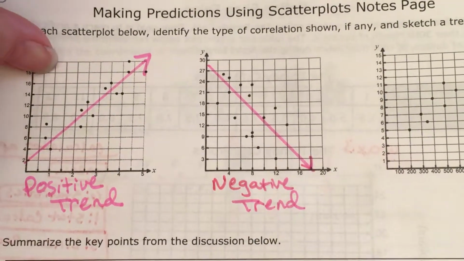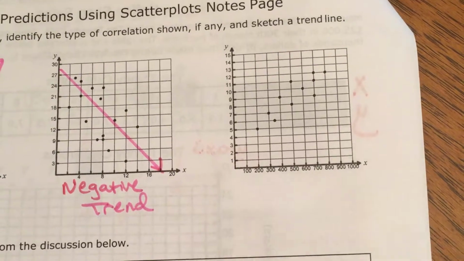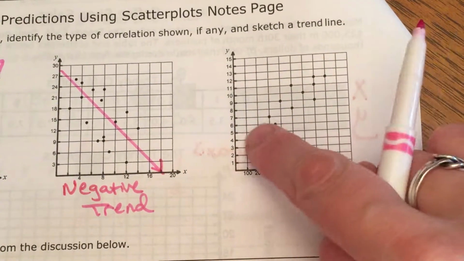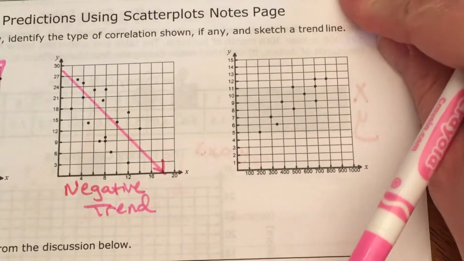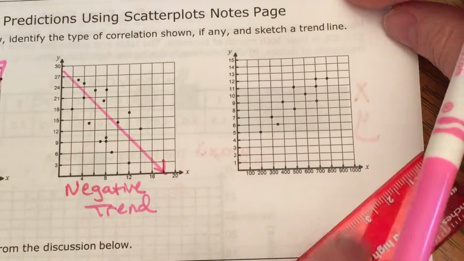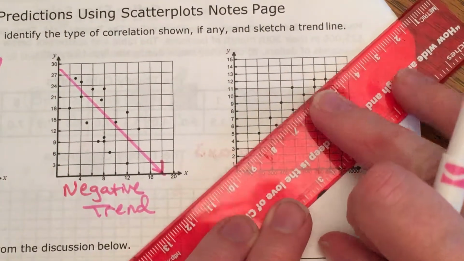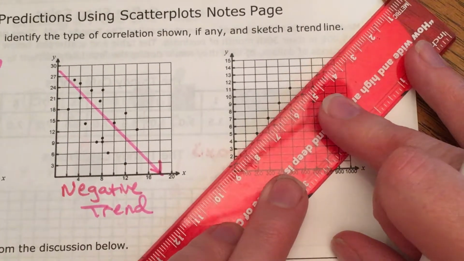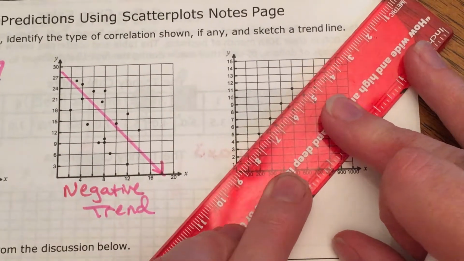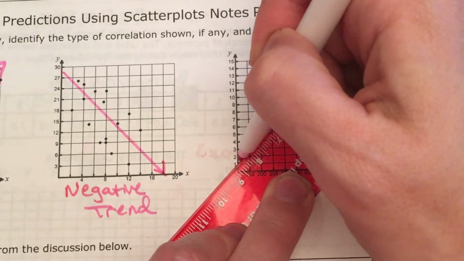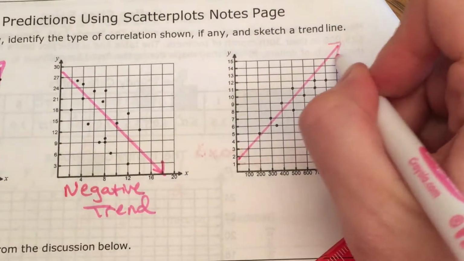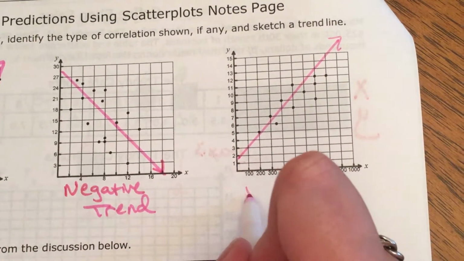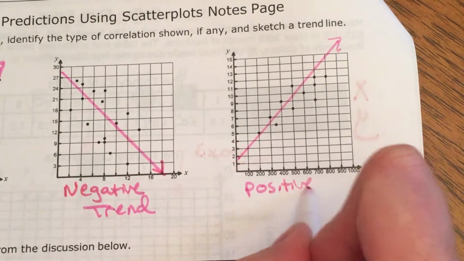So this third graph, these points are also pointed more or less in an upward direction. So we see that again, we could have more points headed upward. So this is again a positive trend.